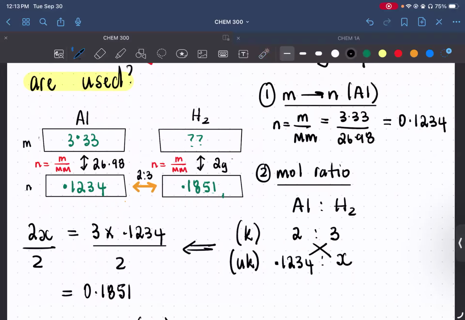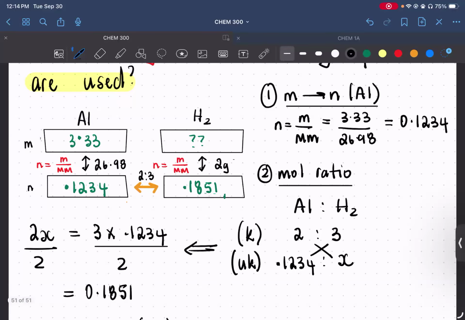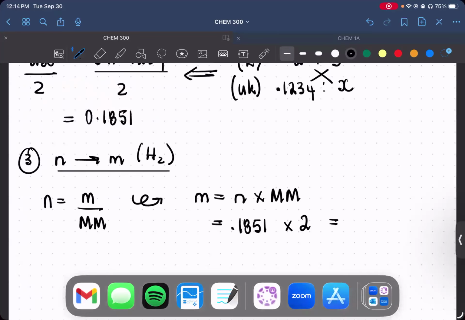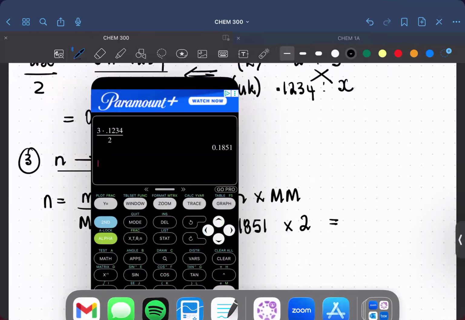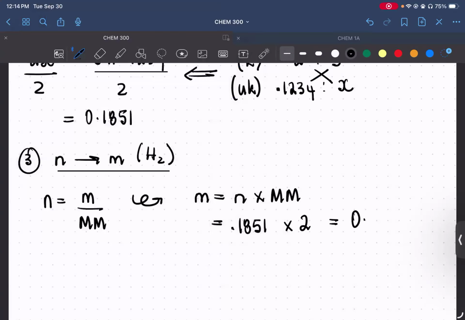The number of moles, it's in the roadmap, is 0.1851. The molar mass, we previously spent time to calculate. That's going to be 2 grams. Put this into our calculator. We get 0.3702 grams.